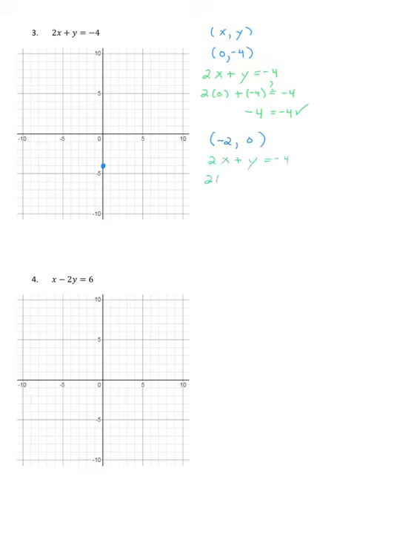If you put -2 in place of x and 0 in place of y, you do get that -4 is equal to -4. So (-2, 0) makes the equation true. I have 2 points, so I'll draw the line going between them.